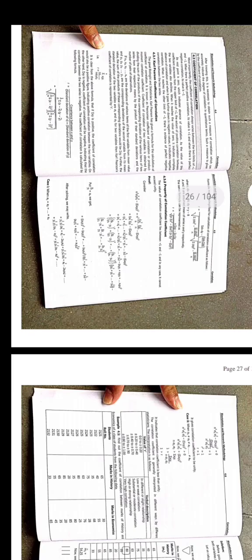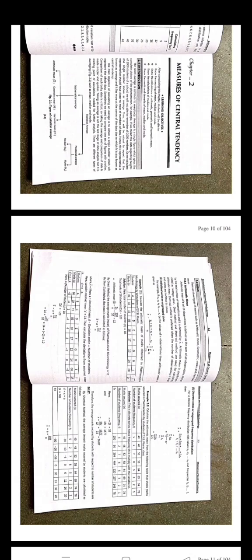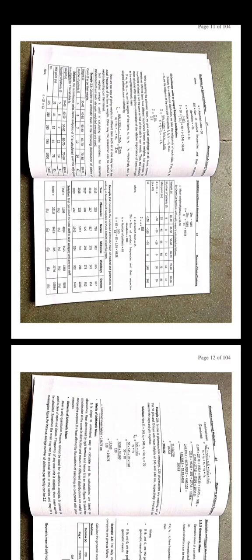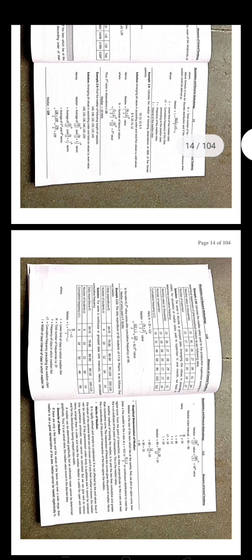The sample design is a definite plan to obtain a sample from the sampling frame. The method or technique which is adopted by the researcher in selecting the units of sampling from the population is called sampling design.